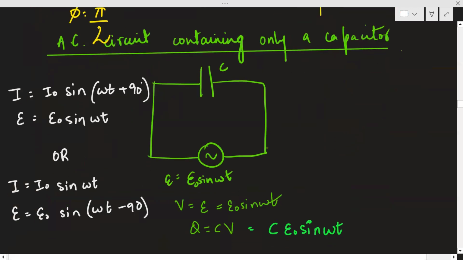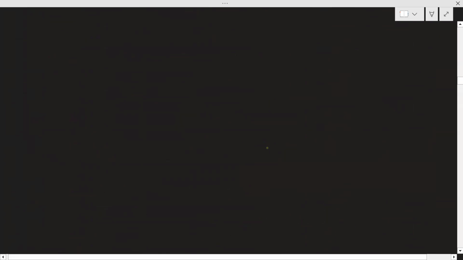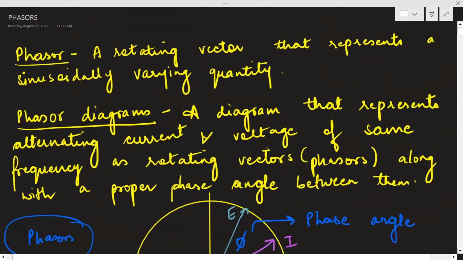Then we have the AC circuit having only a capacitor. The derivations you should write. The rest of the thing you can take a screenshot of. Just take the screenshot and just write the derivations.